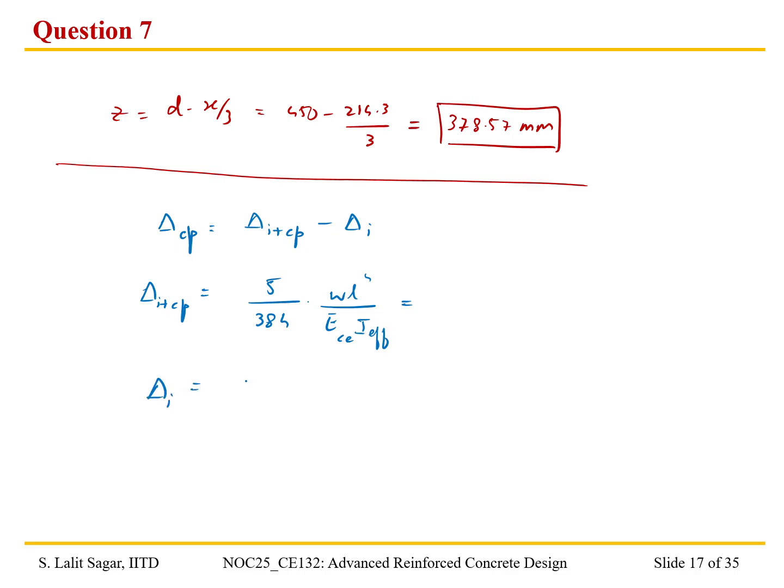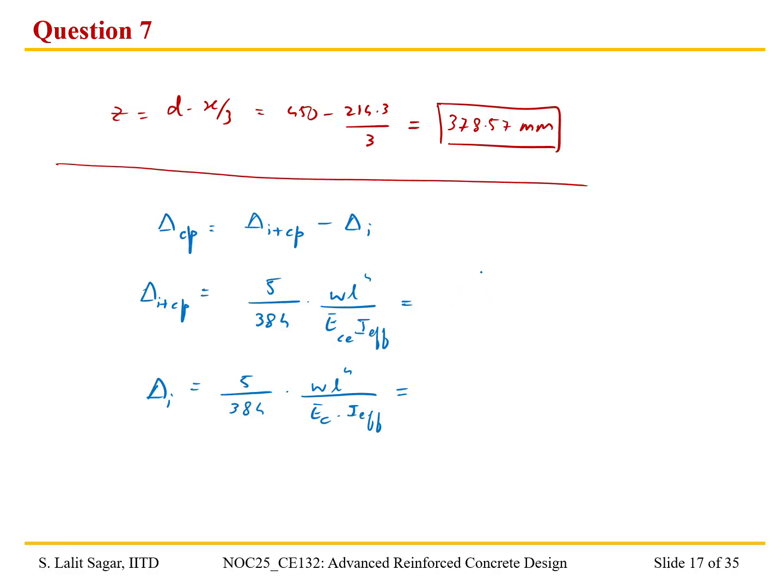So that is given by 5 by 384 multiplied by W L to the power 4 divided by EC into I effective. So the only difference between these two is that here we are considering the modulus of elasticity due to creep, and here we are not considering the creep effect on the modulus of elasticity. And mind you, we need to consider the 70% of the total load as the permanent load, right?